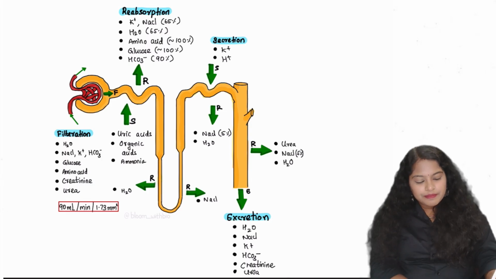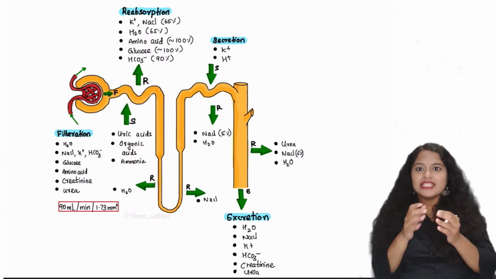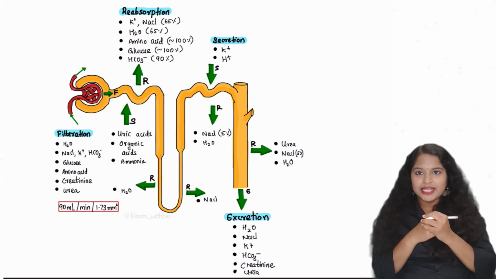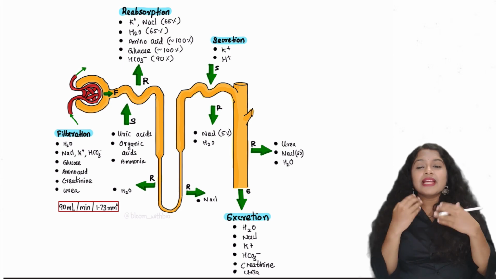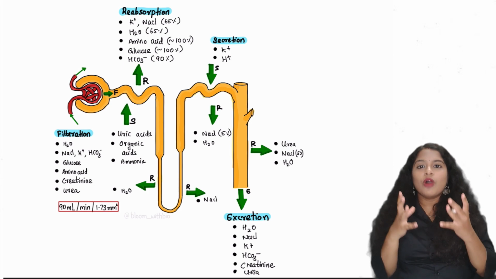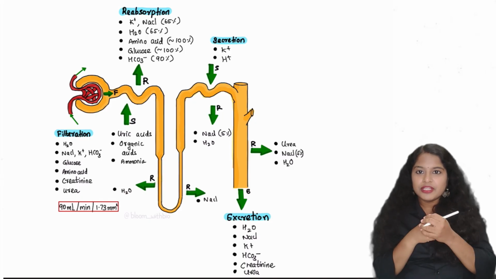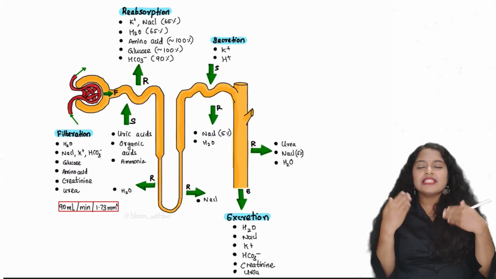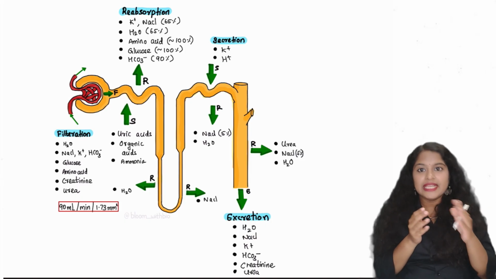So first we will see the functions of PCT. This is the region of PCT, and this is made up of brush bordered cuboidal epithelium. And PCT helps in maximum reabsorption. So whatever filtrate is filtered from the glomerulus into the Bowman's capsule, this filtrate passes into the proximal convoluted tubule, and maximum reabsorption of substances will take place in this region.